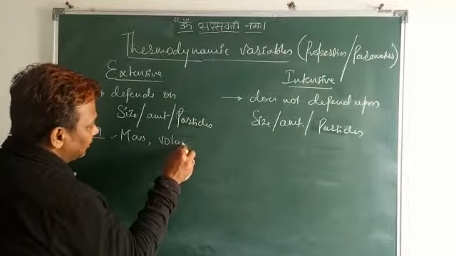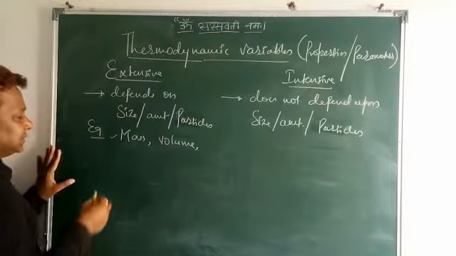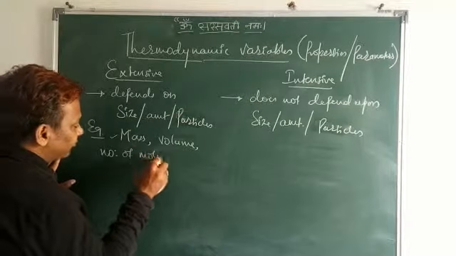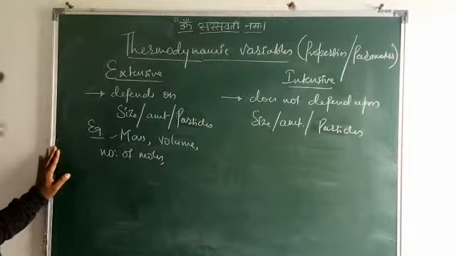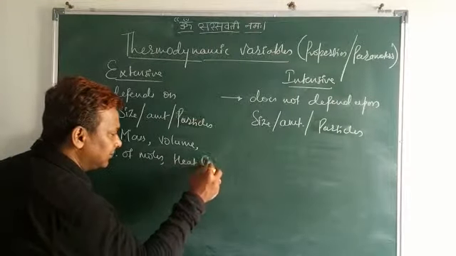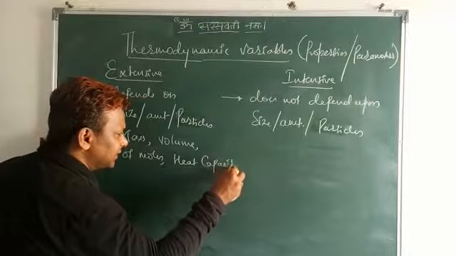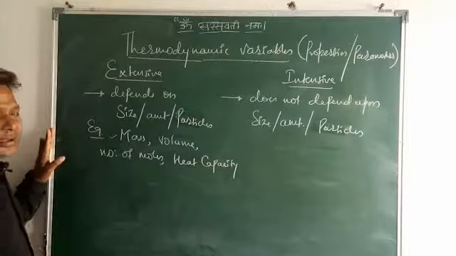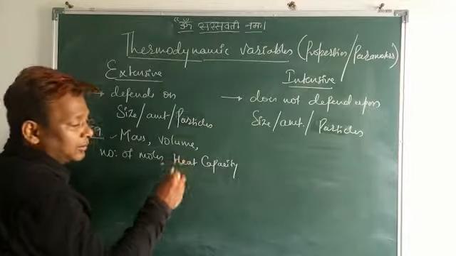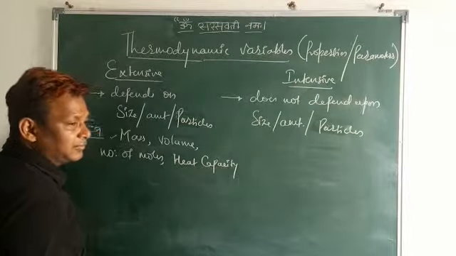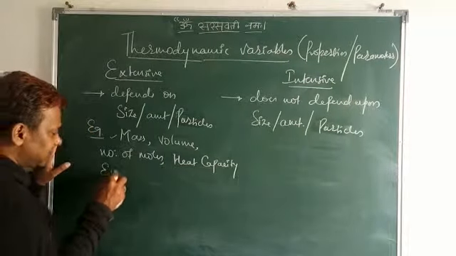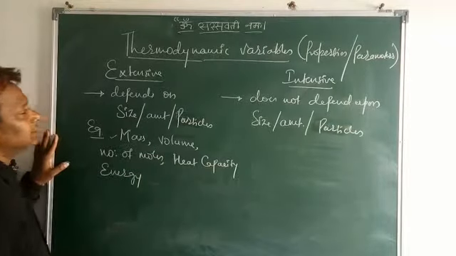In the same way, volume is an extensive property. Number of moles is also an extensive property. Again, heat capacity. What is heat capacity? We are going to learn in this chapter: the amount of heat required to raise the temperature by 1 degree for the given amount of the substance is called heat capacity. Energy is also an extensive property.